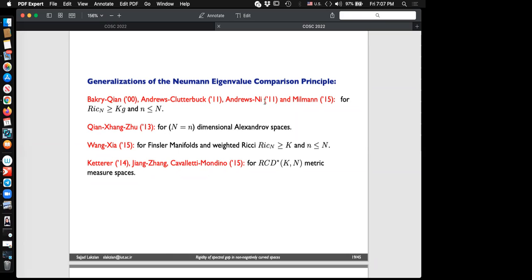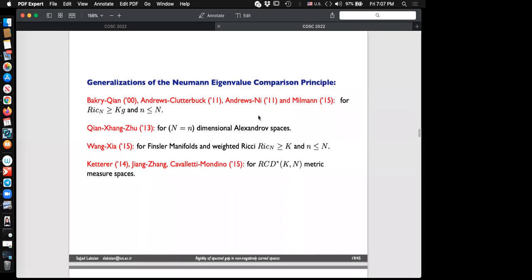Andrews and Clutterbuck, Andrews, Ni, and Milman, Vitali Milman's son, actually. And these different works in this direction show basically the same comparison principle for the Bakry-Emery.